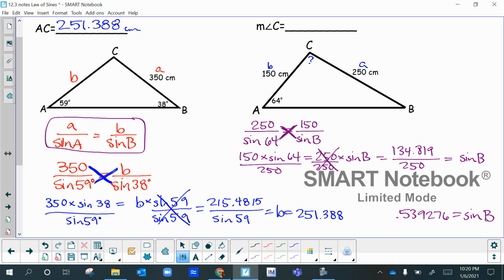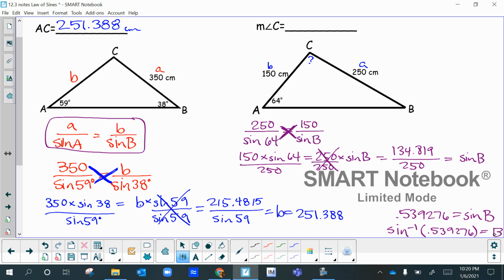And how do you solve for an angle? Remember, you learned in our last section, you do the inverse. So you're going to do the inverse of that big number in your calculator, and that's going to equal angle B. So all I'm going to do is hit second, because I want to be using the inverse, and I'm going to press sine inverse.